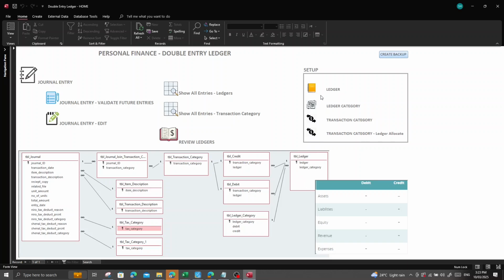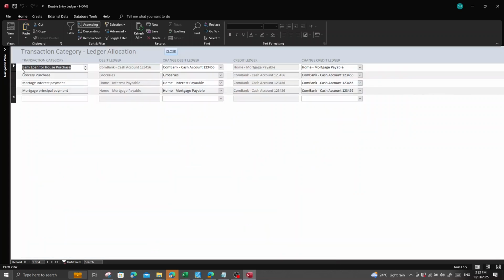So as part of setting up the system prior to use, after setting up the ledgers you want, you will set up the transaction categories. That means the typical transaction category you will have, and then what account gets debited and what accounts get credited.